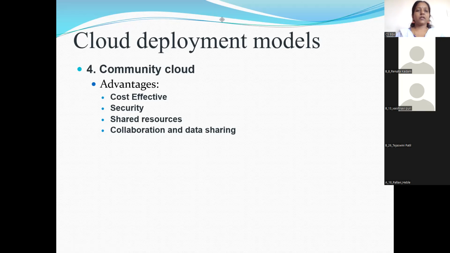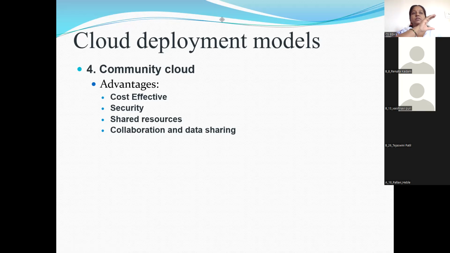Fine. So we are coming to the fourth deployment model, that is nothing but the community cloud. It allows the system and services to be accessible by a group of organizations. It is a distributed system that is created by integrating the services of different clouds to address the specific needs of a community, industry, or a particular business.